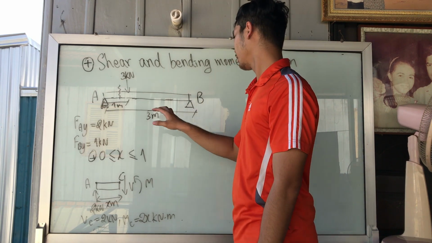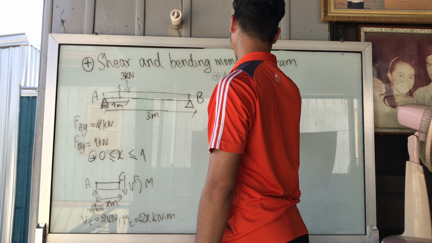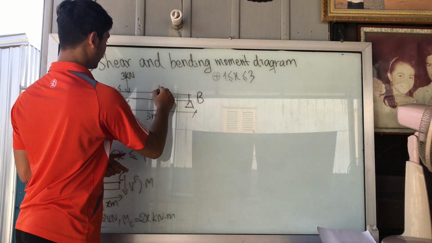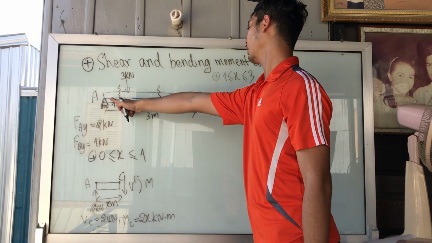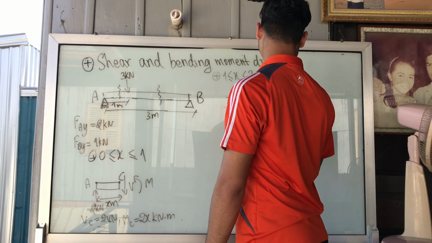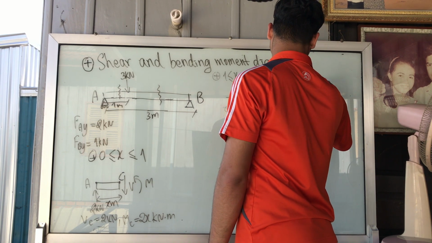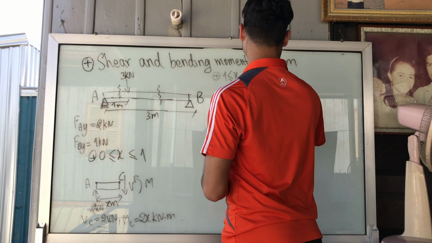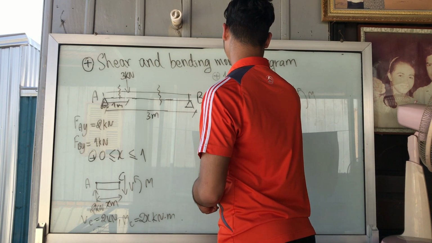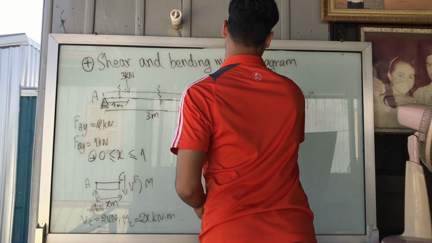For the second position, between 1 and 3, if we cut it like this, we draw a free body diagram with x, V, M, V, A and 1 meter.